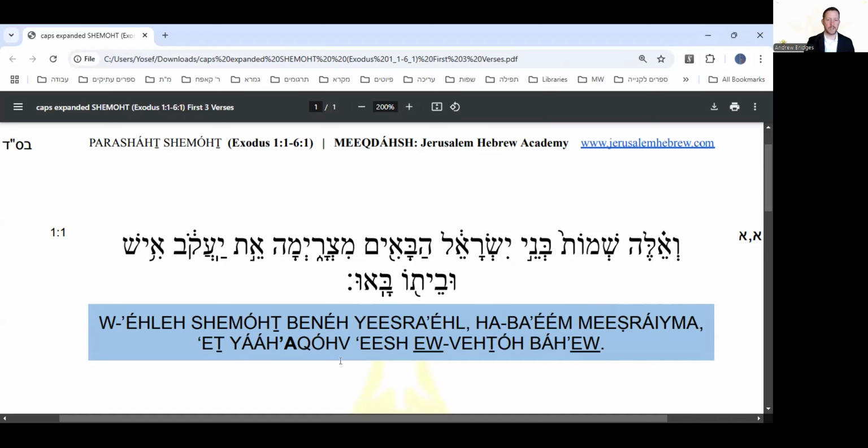Yaakov. Make sure you pronounce this as three distinct syllables, not two syllables, three syllables. Many people mistakenly pronounce this name, Jacob, as Yaakov, because in English it's Jacob, two syllables, but in Hebrew it is not just the name Jacob with the Y replacing the J. Rather, it has an entirely additional syllable that is absent from the typical English pronunciation.